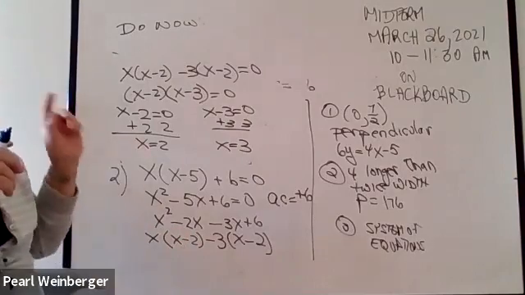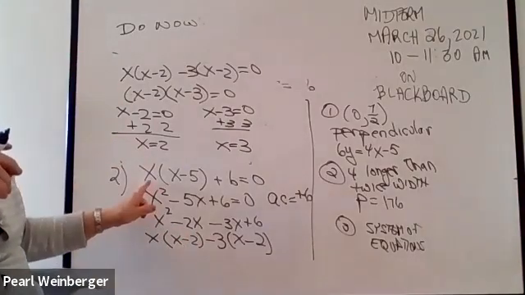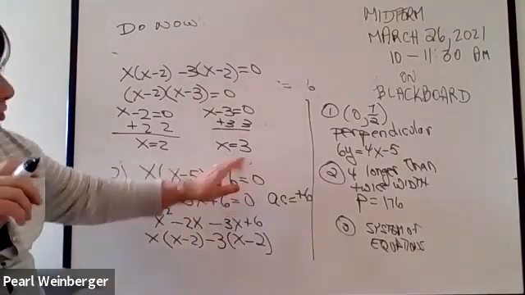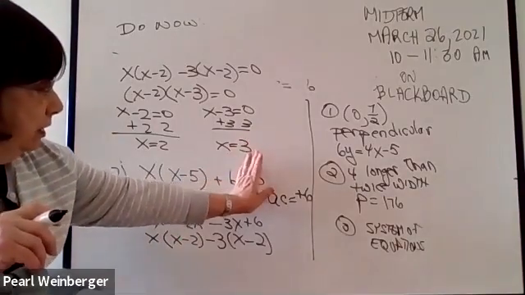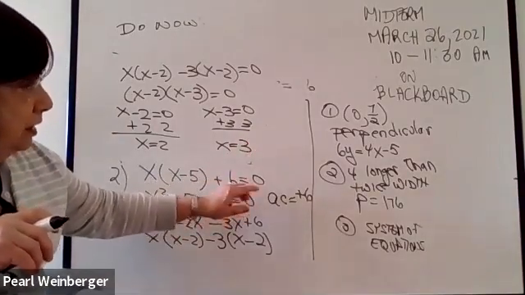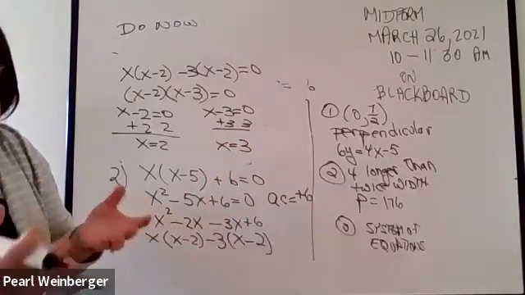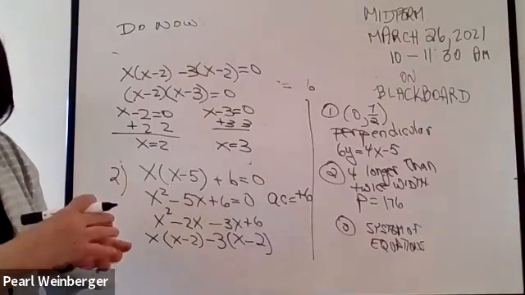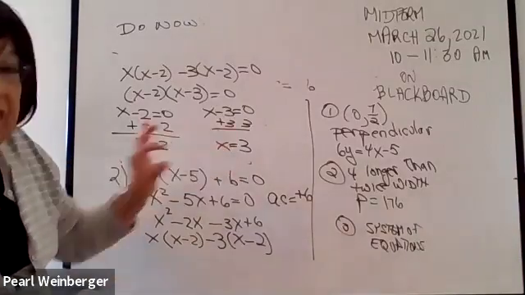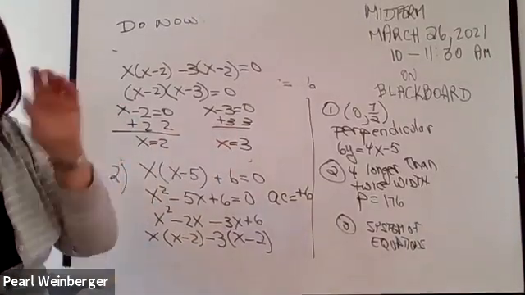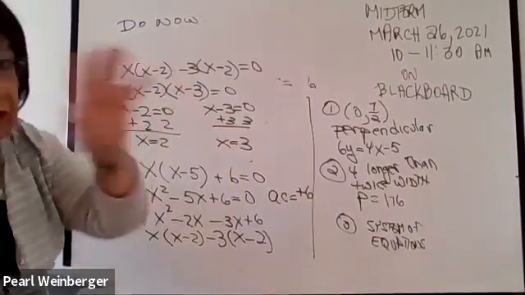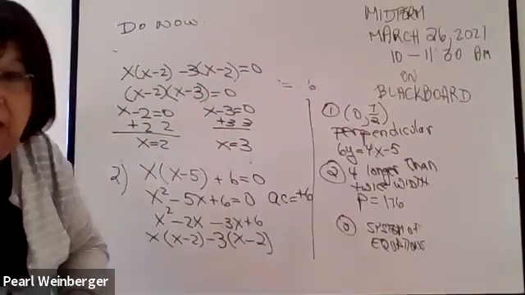The other clue is that when we started this question, it didn't just stop over here. There was an equal sign in it, and there was something on the other side. It doesn't have to be 0, though when it's a quadratic equation, we want to get it to equal 0, but you have to have an equal sign. The factor one was just an expression. There was no equals in it at all.